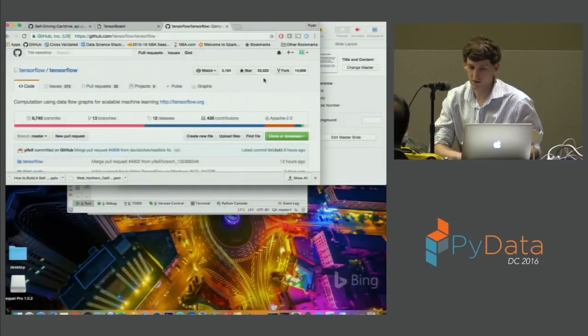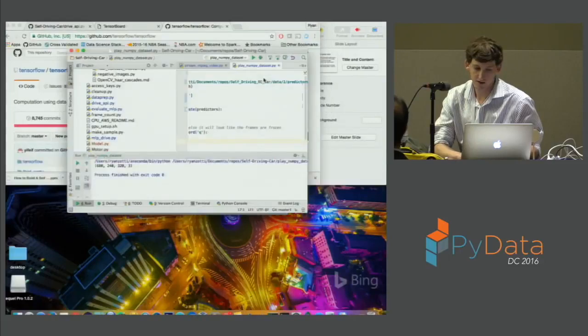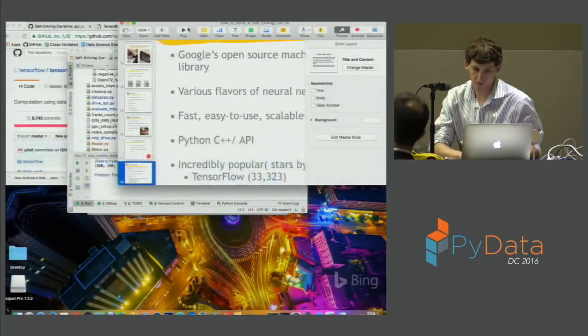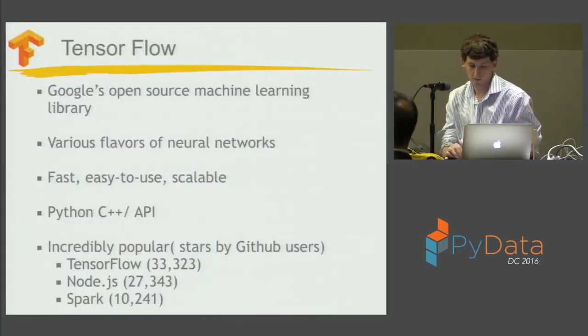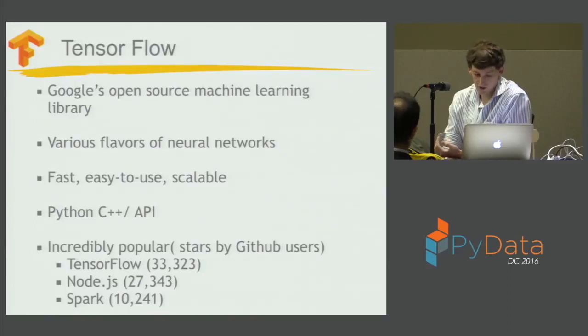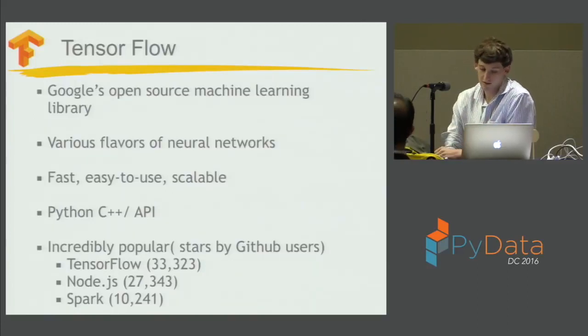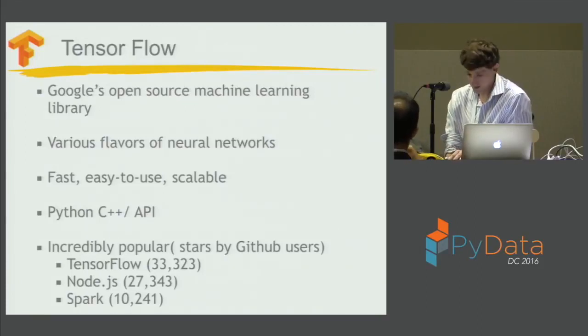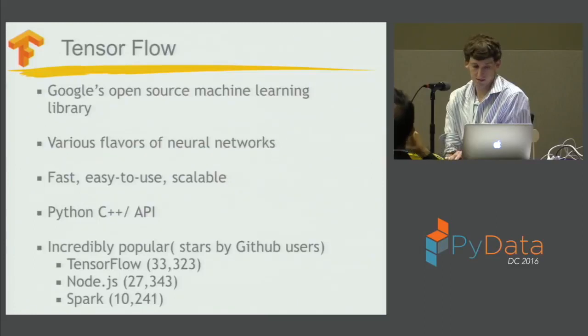I just looked at some other popular open source projects. I don't know JavaScript at all, but Node.js I've heard is a popular JavaScript framework, and it's 27,000. Apache Spark, which I do know, which is kind of the most popular thing in the big data space, is 10,000. So TensorFlow is incredibly popular, and I recommend you learn it if you're curious about neural networks.